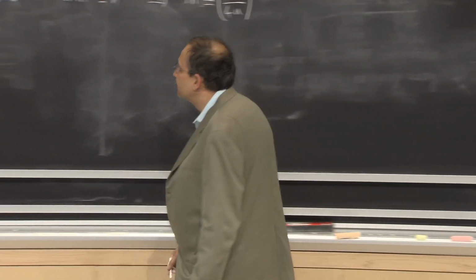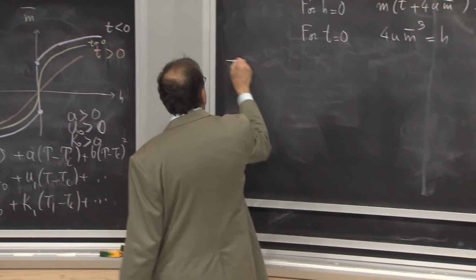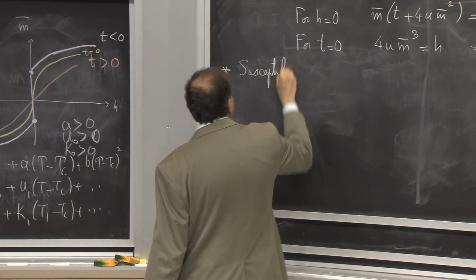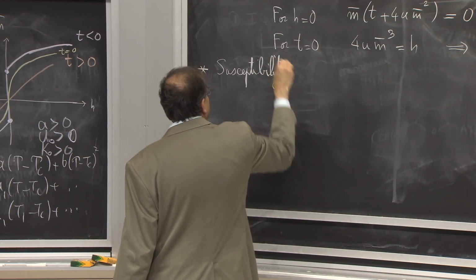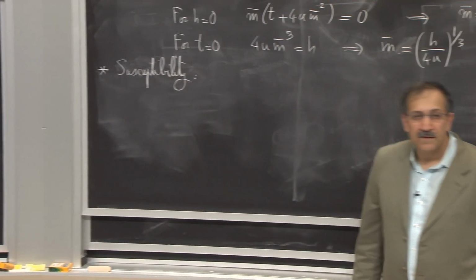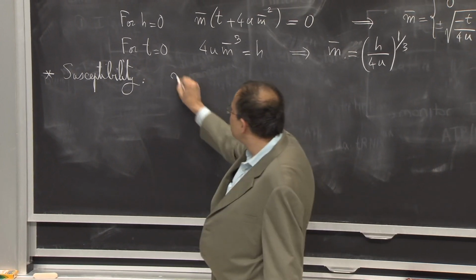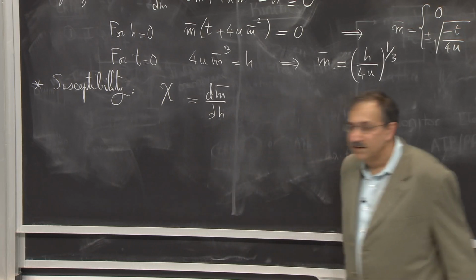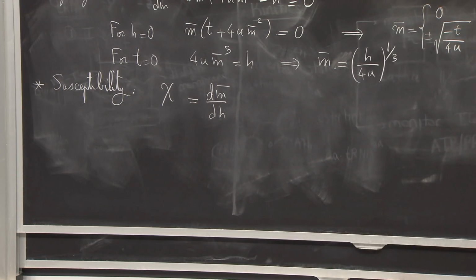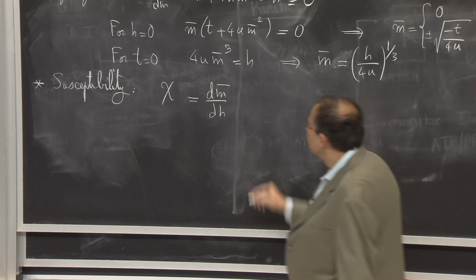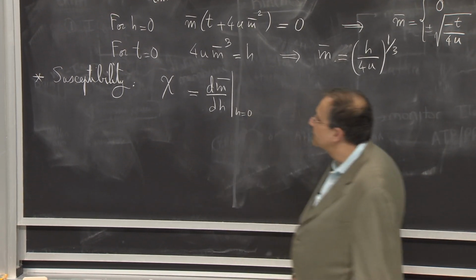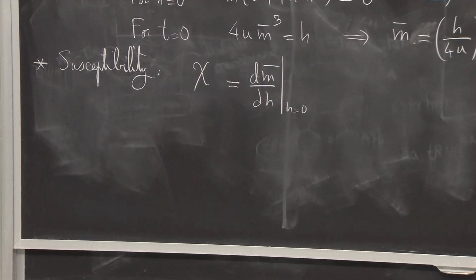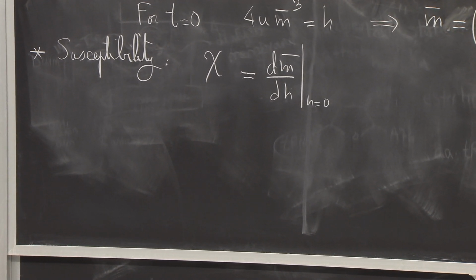We had behavior of susceptibility characterized by another set of exponents. Okay. Now the susceptibility quite generally is the response of the magnetization if you change the field. And typically we were interested in the limit where we measure the response if you are just at h equals to 0 and then you put a little bit more.